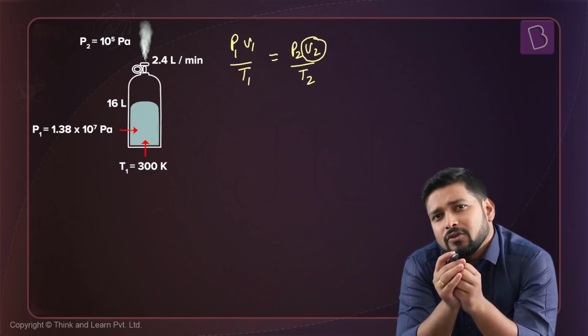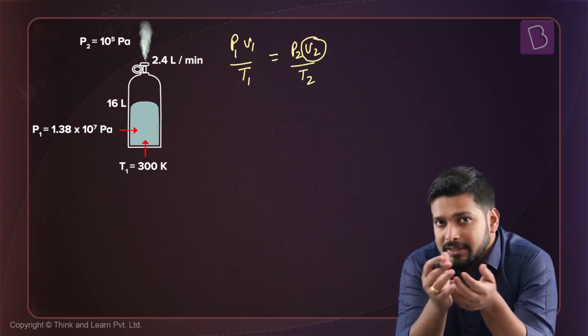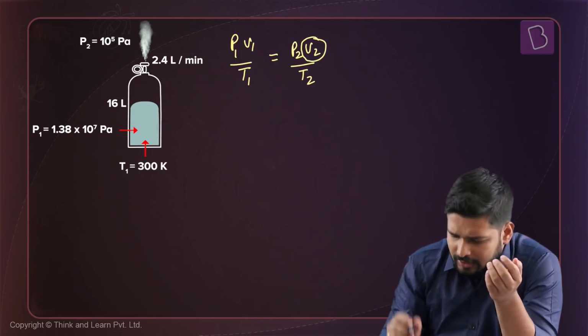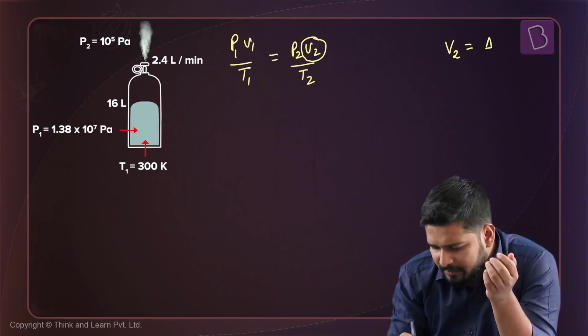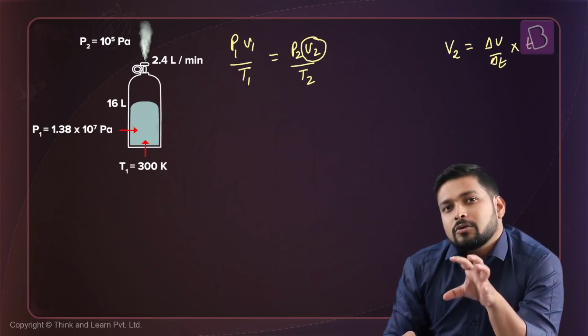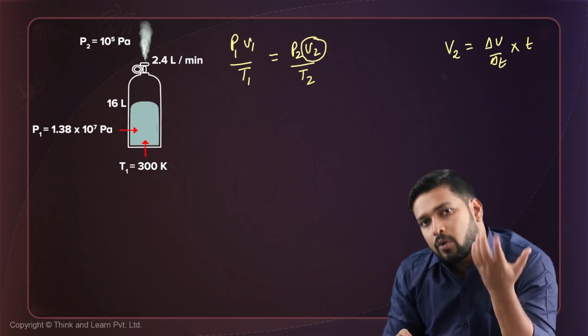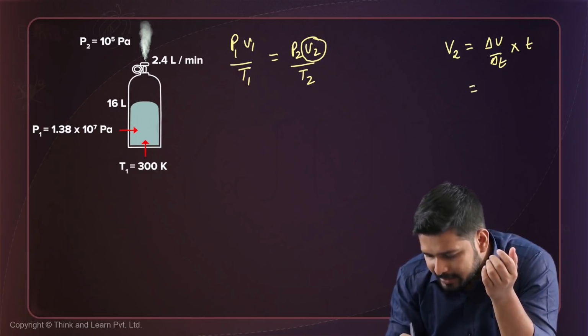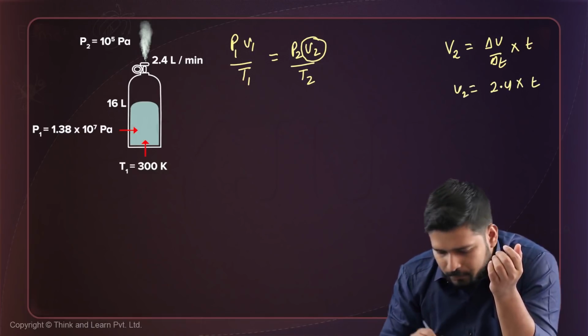So let us say if I assume the total time it takes for the entire cylinder to be empty is T, then the volume V2 can be written as delta V upon delta T times this T, where T is this total time in minutes when my entire gas gets out of the cylinder, right? So I can write this as 2.4 into T, right? So I get my V2.